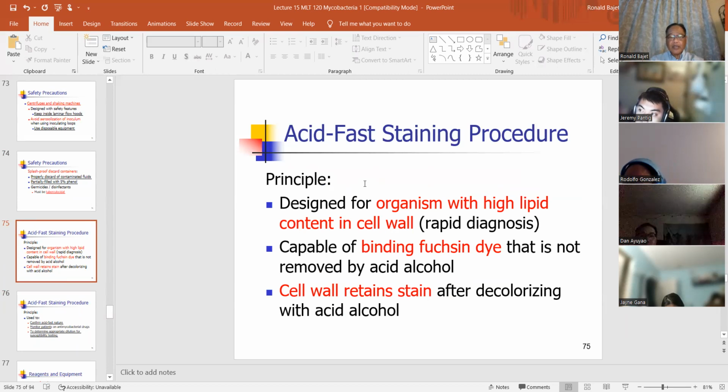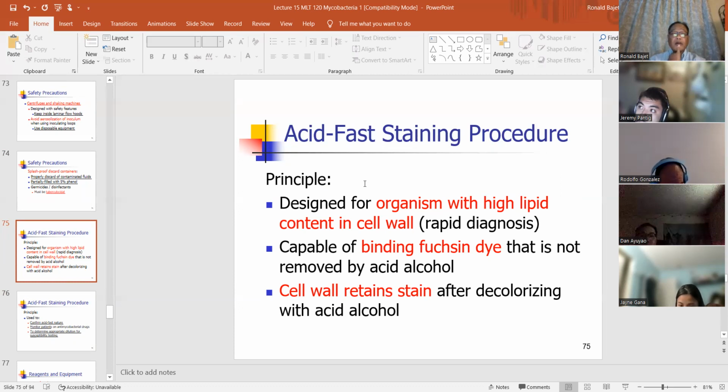Acid-fast staining procedure is designed for organisms with high lipid content. We know that by definition, being acid-fast means capable of binding the fuchsin dye, usually carbol fuchsin, that is not removed by the acid alcohol. That's the fastness of the organism, the quote-unquote fastness.